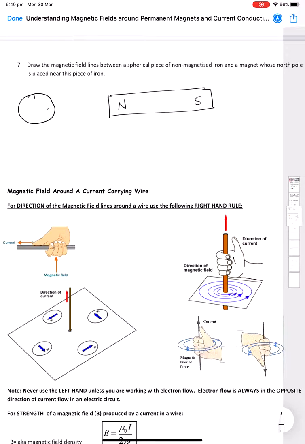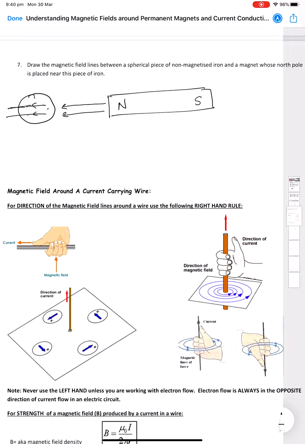Now what's going to happen is that the field lines are coming out of the North Pole. I told you that the atoms of iron inside this ball are going to align themselves with the magnetic field of the permanent magnet. This means that they're going to be running in this direction.